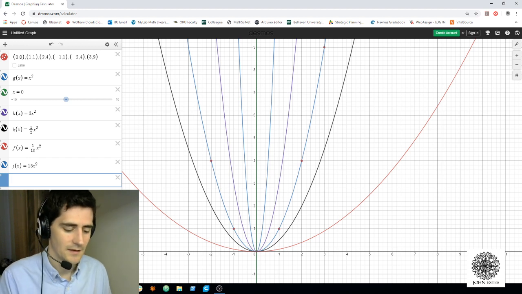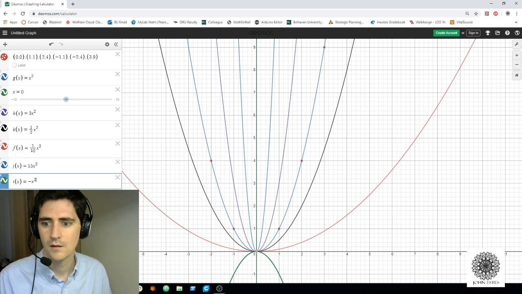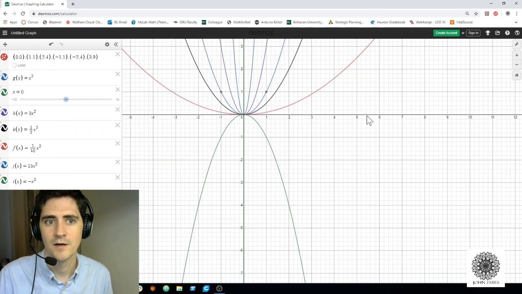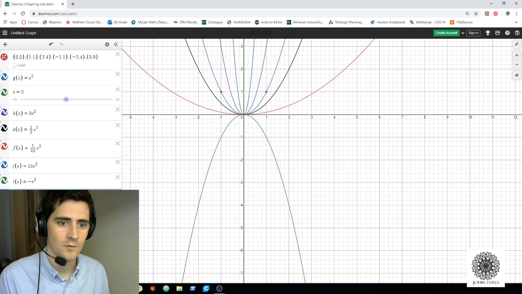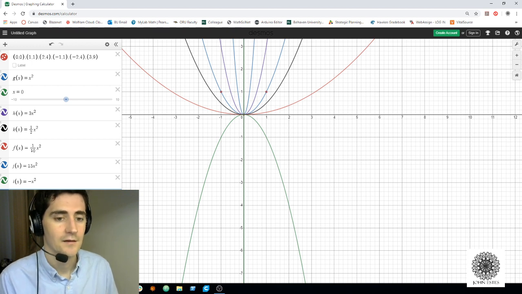What would happen if it's negative? Let's do an i of x. So if I did negative x squared, that makes sense. It flips everything upside down. That would make sense, right? Because you think of your points, I mean, 0, 0 still works. But if I said 1, and then I plug 1 into i, that's negative x squared.